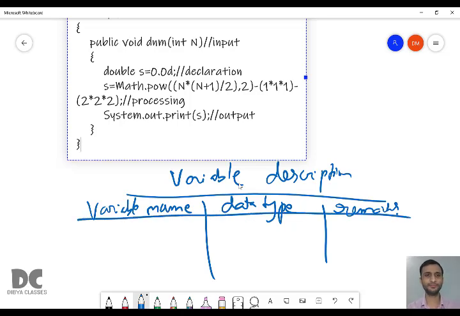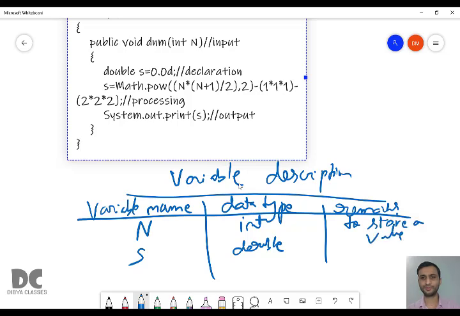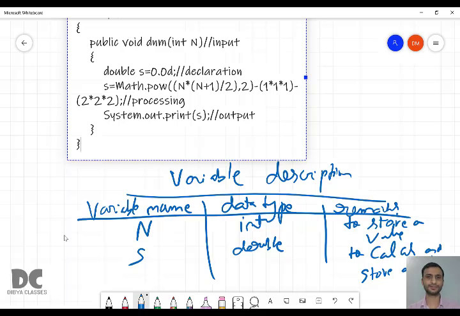Where the variable name, we have taken N and S. N is of int type and S is of double type. To store a value, to calculate and store a value. Okay, done. There are only 2 variables used, so we have written the variable description.